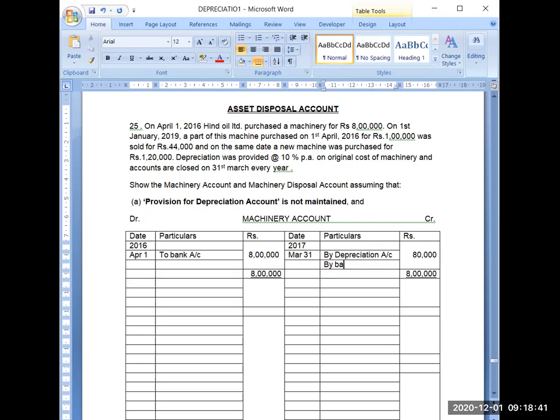Then it will be by balance carried down, and it will be 7,20,000. Next year, April 1 2017, to balance brought down, opening balance is 7,20,000.